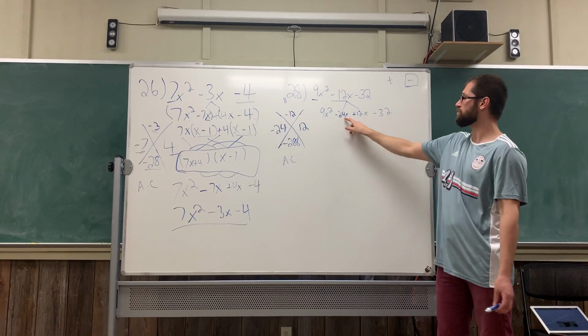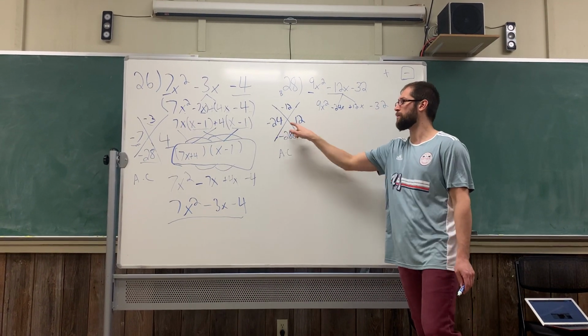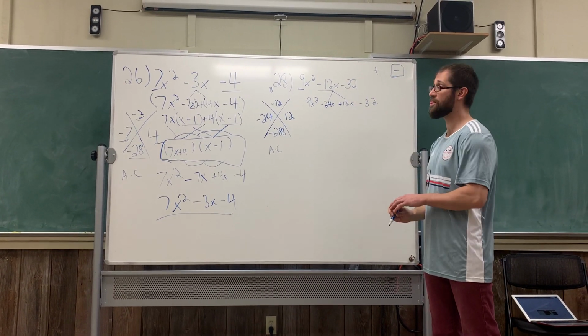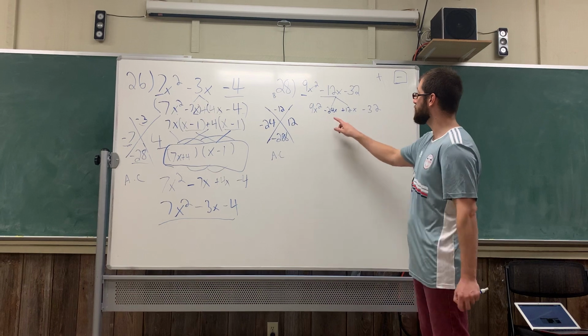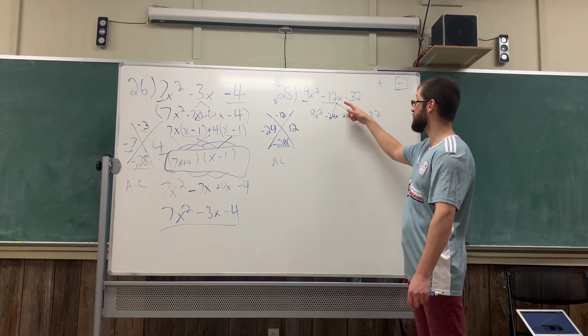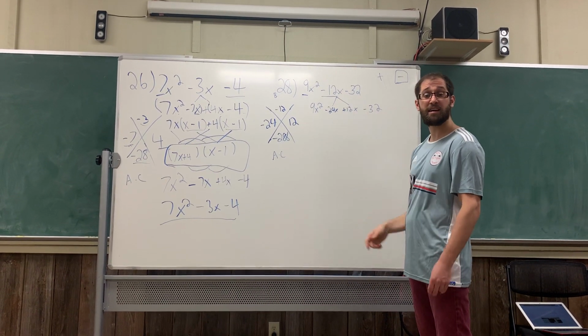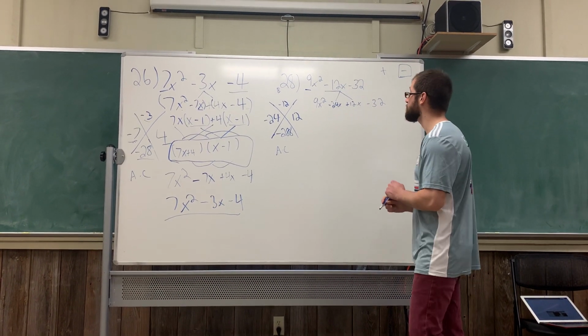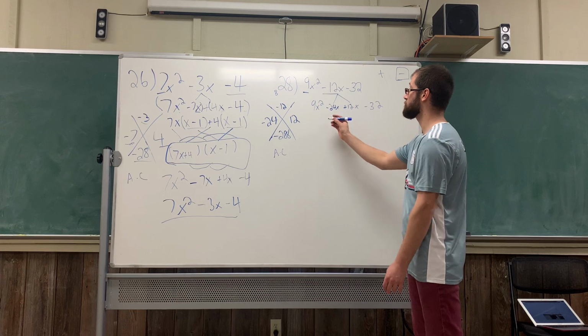Where did I get these two numbers? From the x method, right? I split this term, and then I do my quick check. Is negative 24x plus 12x equal to negative 12x? Then it's algebraically equivalent, right? I haven't changed any values, just the way it's displayed.